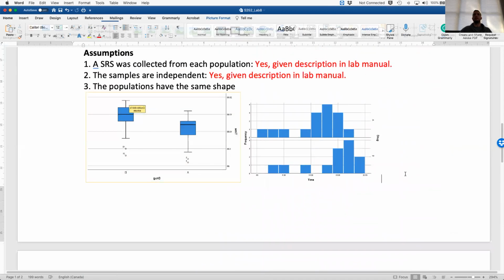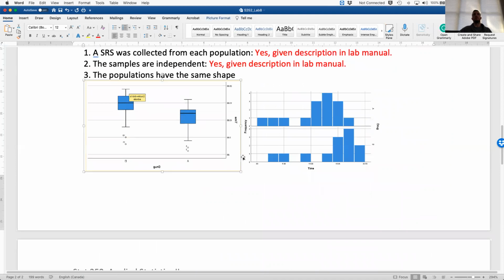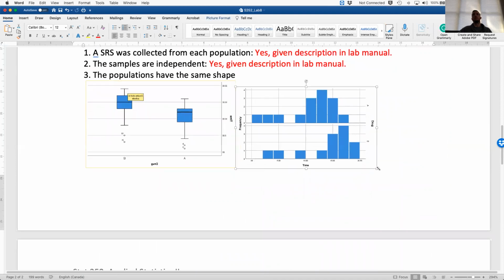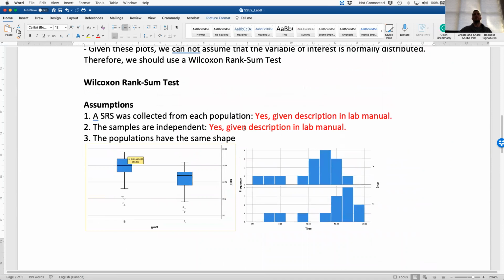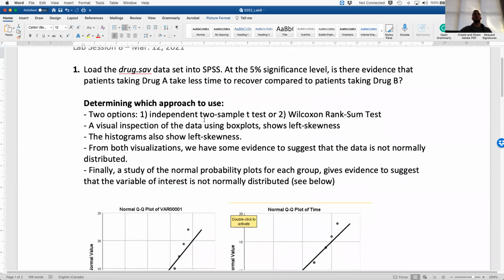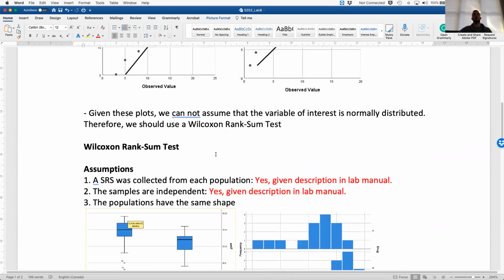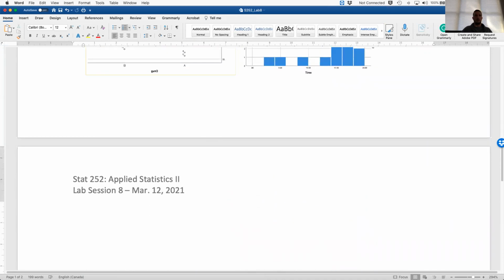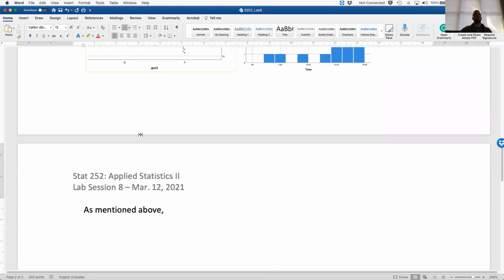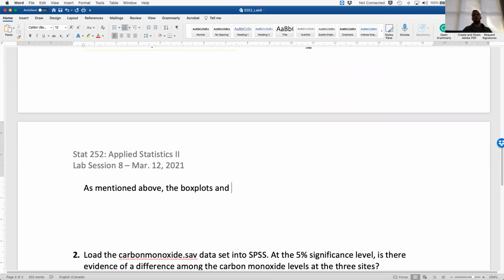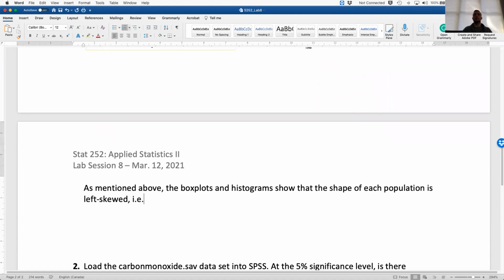Okay, and then what we can say here is, well, I'll just move them up a little bit. So you can write, as mentioned above, the box plots and histograms show that the shape of each population is left skewed. That is the same.